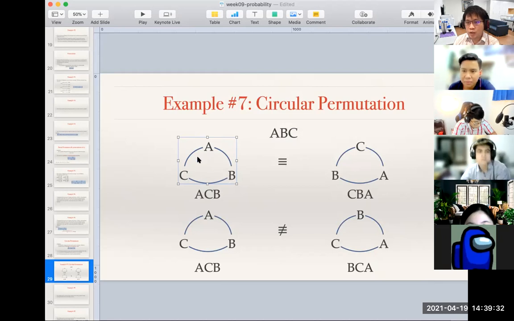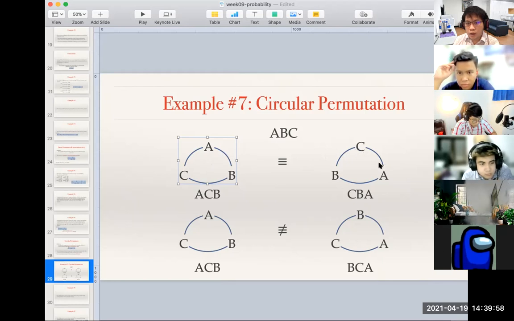Remember, circular permutations are to be read counterclockwise. So it's not ABC. If I read it ABC, it means it is clockwise, right? But since it is to be read counterclockwise, it becomes A, C, B. If I rotate the arrangement so that C is at the top of the circle, then A over here, and B over here, then it becomes C, B, A. So ACB and CBA are equivalent.